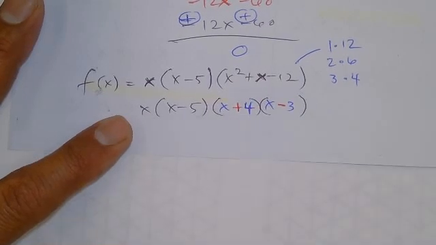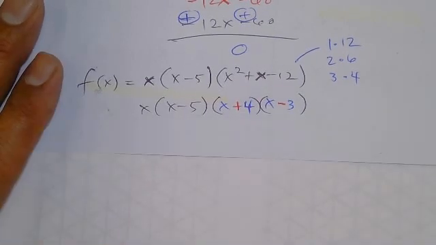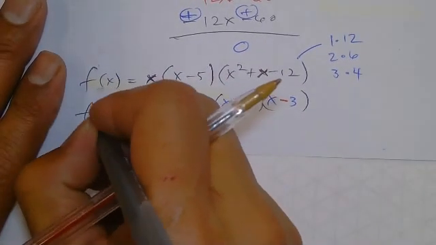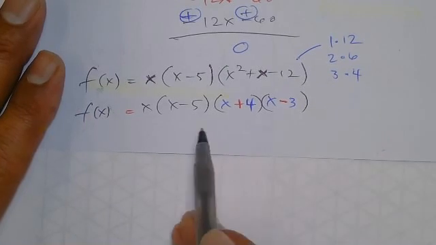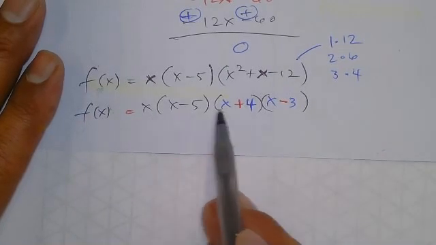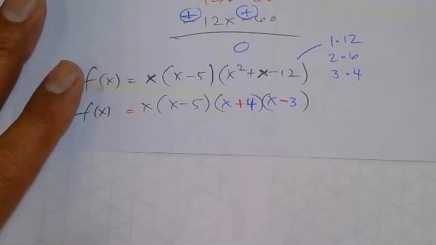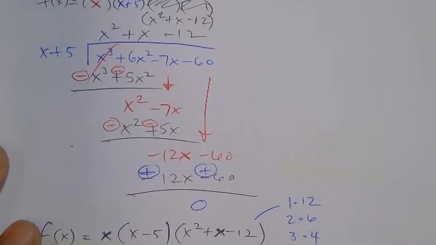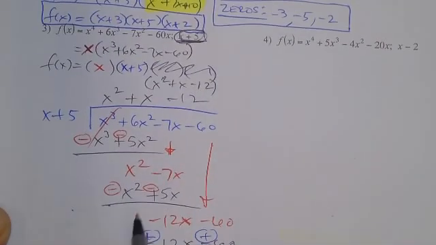Which one? 3 is negative, and the 4 is positive? Yes, that's correct. So this one is the factored form. Did I break it down into 4? Yeah, 1, 2, 3, 4.